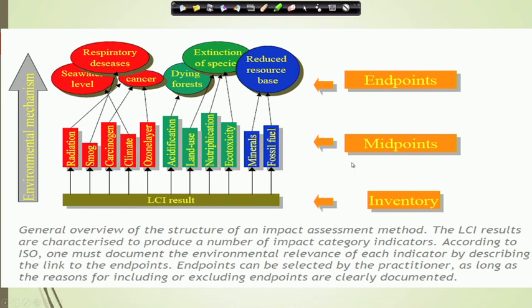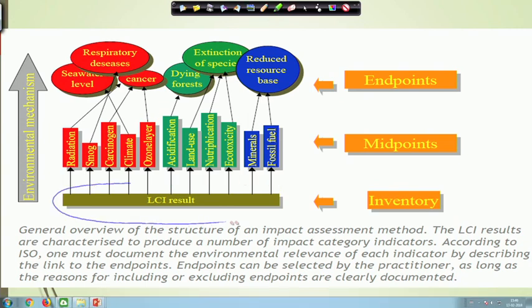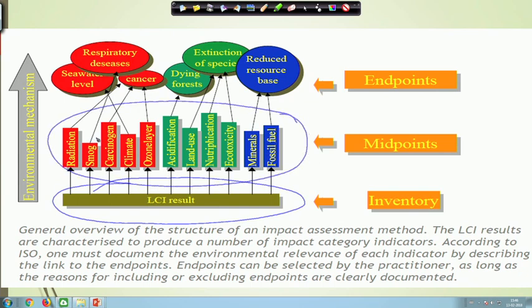So, once we have this LCI result, from the data that we have collected, the emissions that are coming out, from there we can categorize it into different types of impact, whether it is radiation, smog, carcinogens, climate change, ozone layer, acidification, mineral depletion. These are called midpoints.